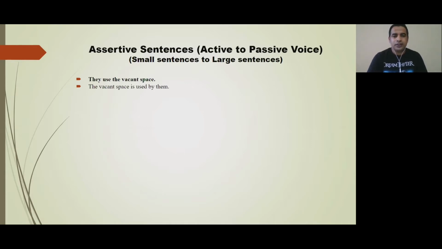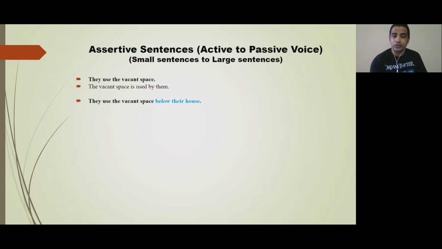How will it be? The object becomes subject, the subject becomes object, the verb changes, and the auxiliary verb comes in. So the answer is: the vacant space is used by them. Well, this is a very small sentence.